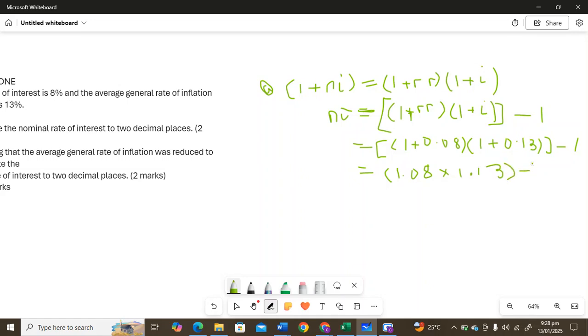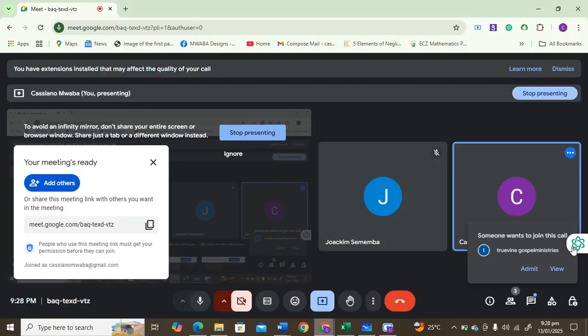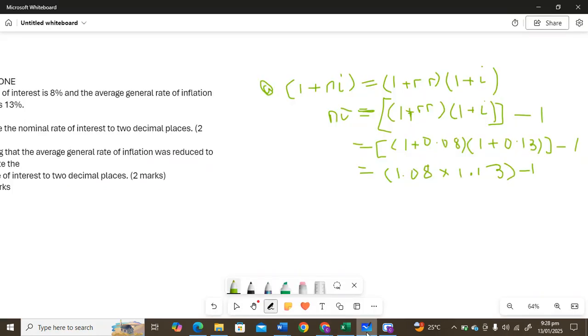And subtract 1. So 1.08 multiplied by 1.13 is 1.2204.